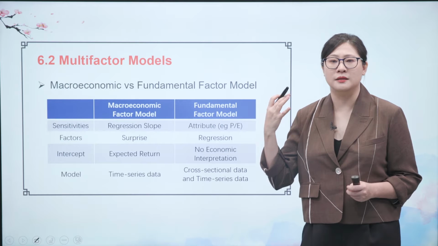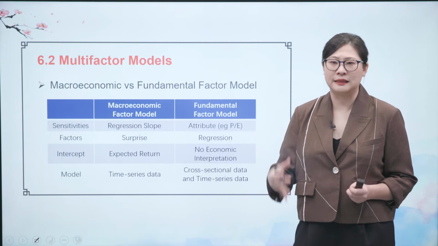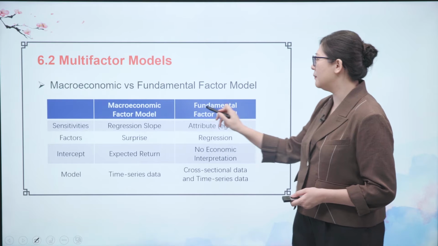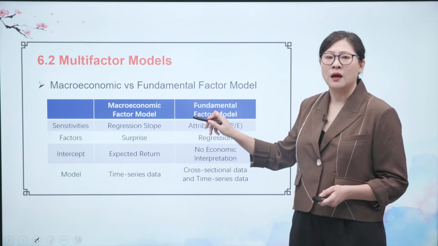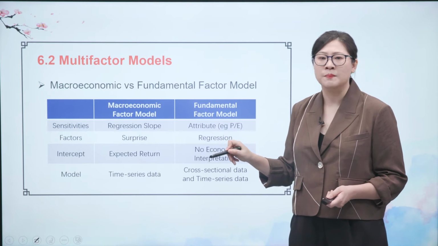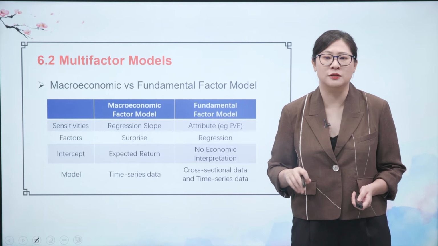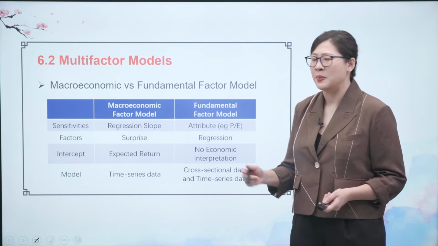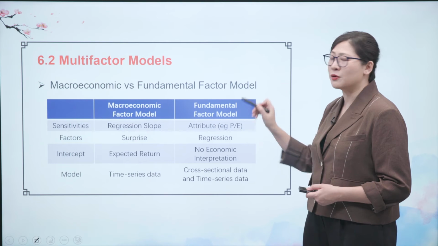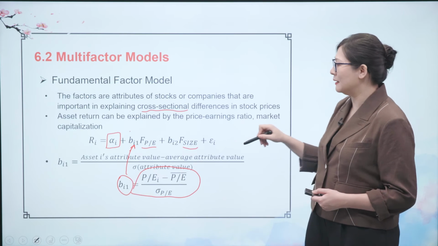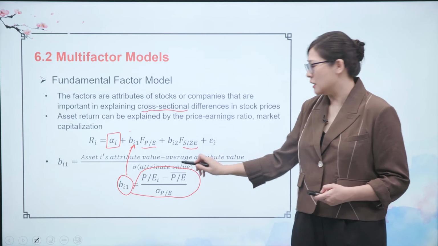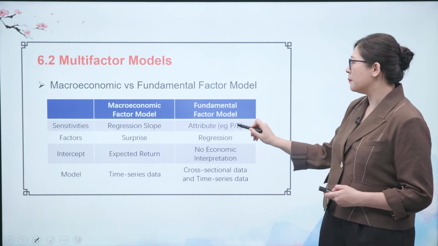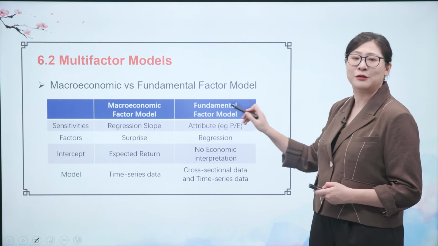So you run your regression and get your regression slope. And second, for the fundamental factor model, our sensitivity is based on the attribute value, the attribute sensitivity, like in the previous slide. B_i is calculated this way, so this is the attribute.